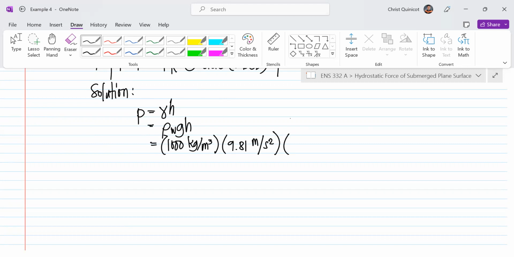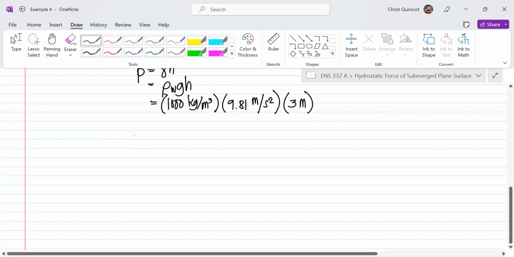And then this is our height, the column of our fluid, and that is 3 meters. So kilogram meter per second squared, that is Newton. Meter, and we have cubic meter here, so it cancels. What is left is just meter squared. So that's Newton per meter squared, and that is Pascal, which is a unit of pressure.